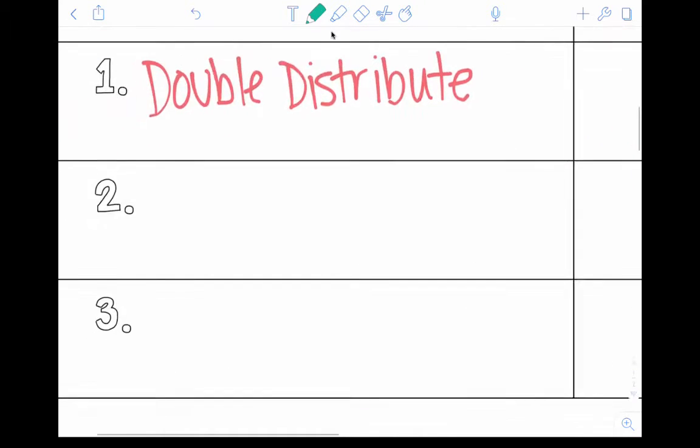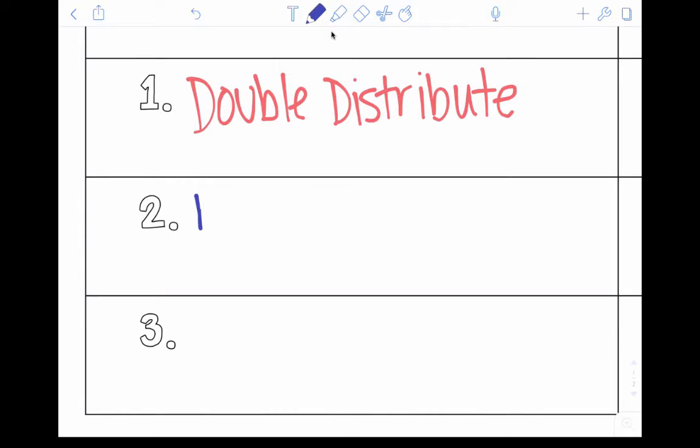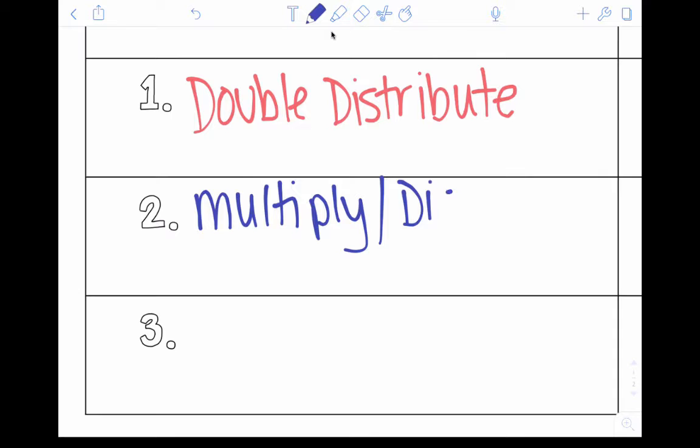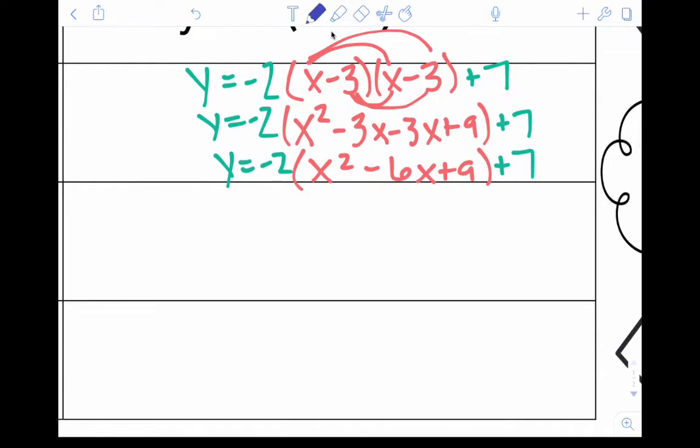Step number 2 is to multiply, or distribute, a. So looking at what I have here, I have y equals negative 2 times the quantity x squared minus 6x plus 9, plus 7.